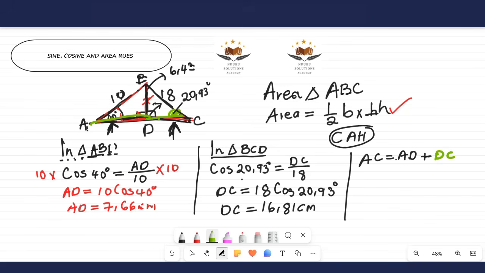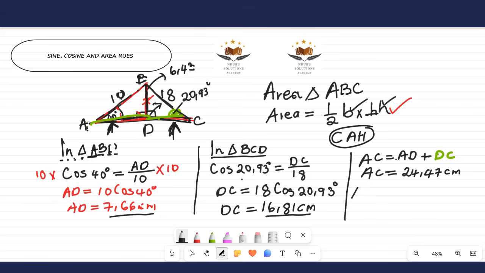When you add them together, you add this plus that, it will give us 24,47 centimeters. Now we have our base and we have our height.